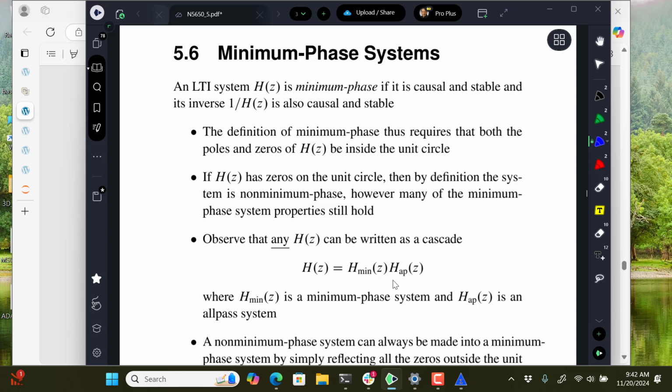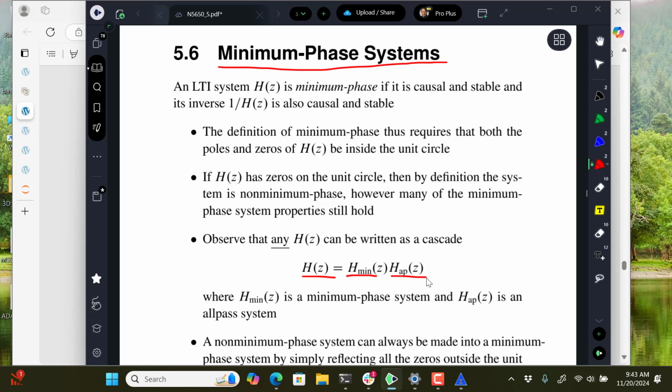And this is kind of a base point. A lot of nice properties come when you have a minimum phase system, and that's what you desire to have. And fundamentally, for any system, H of z, you can write it as a minimum phase system in cascade with an all-pass system.